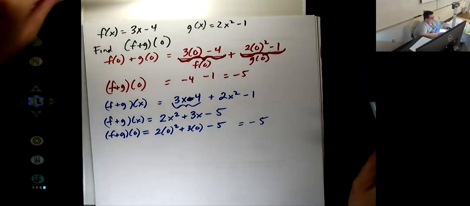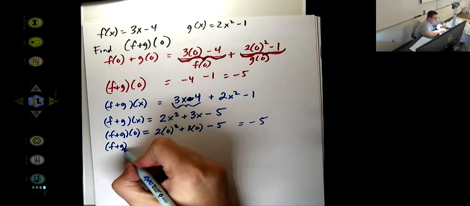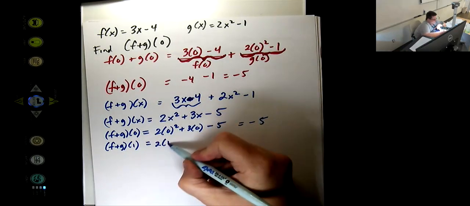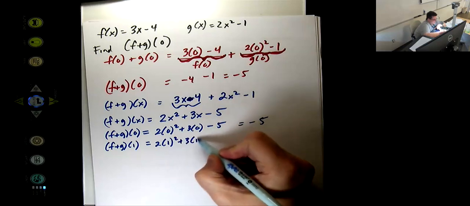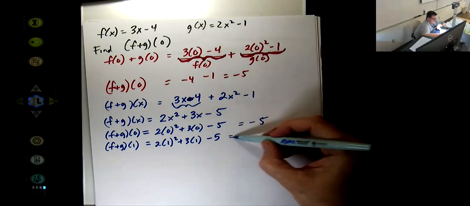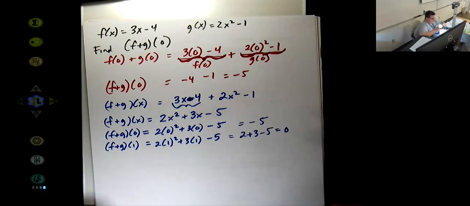This way works great if you need to do more, like if we needed f plus g of 1. I've already got it set up, I can just plug it in. Doesn't do a whole lot of gain on this problem, but for some problems it really speeds it up to do this work ahead.